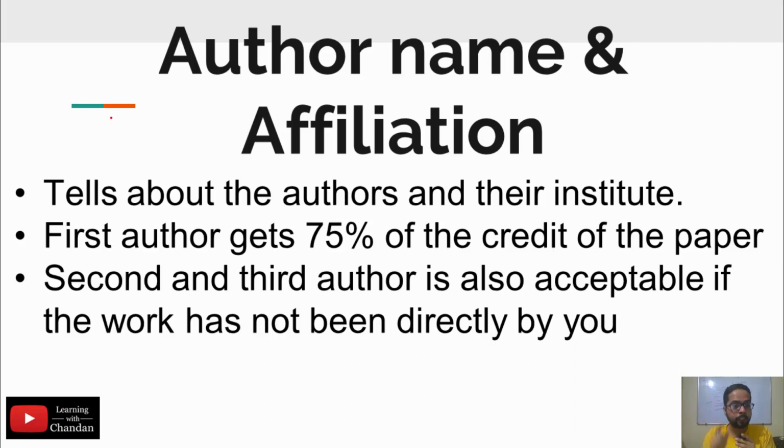So if your friend does all of the work and you have just helped him in the work or to write that paper, please don't ask him. Let him be the first author. It is going to help him for his future. Being a second or third author is also acceptable if the work has not been done by you.